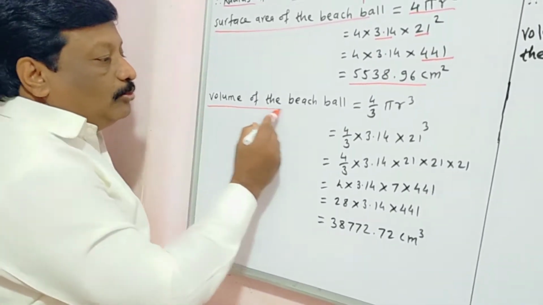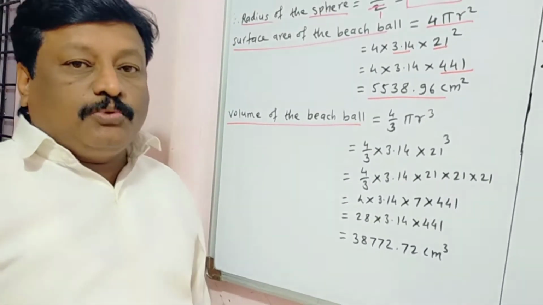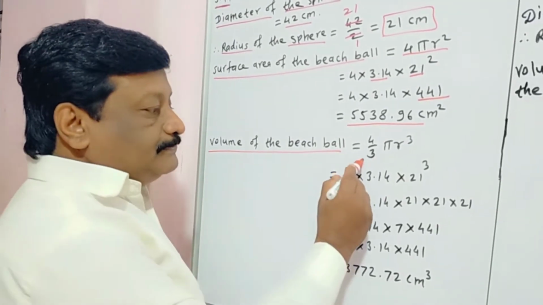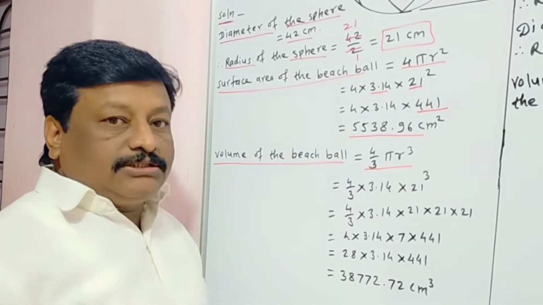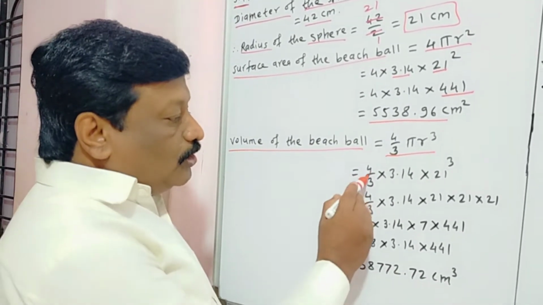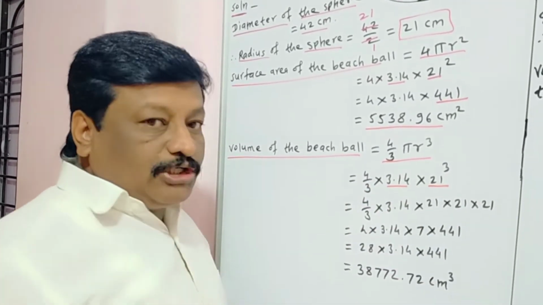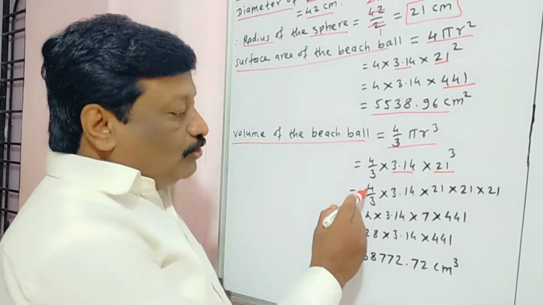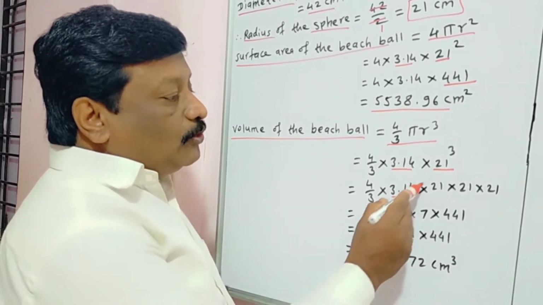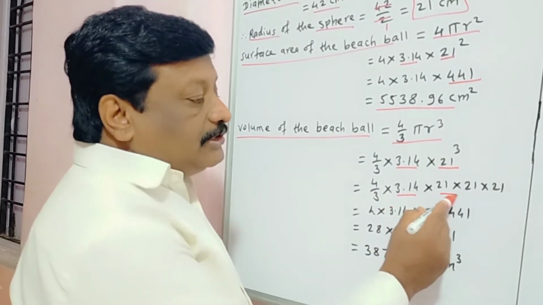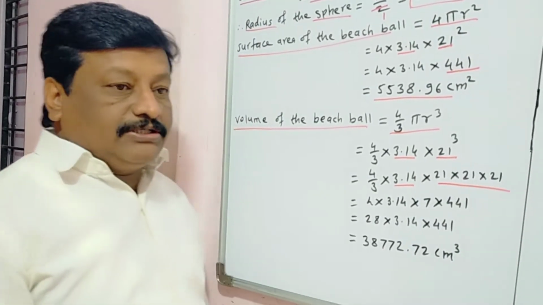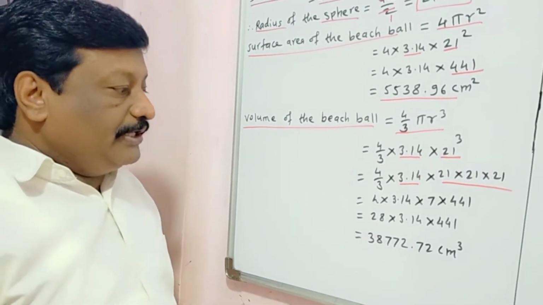Now volume of beach ball, formula is 4 upon 3 pi r cube, equal to, substituting values, 4 upon 3 into 3.14 into 21 cube, equal to 4 upon 3 into 3.14, 21 cube is 3 times multiplication of 21, so 21 into 21 into 21.